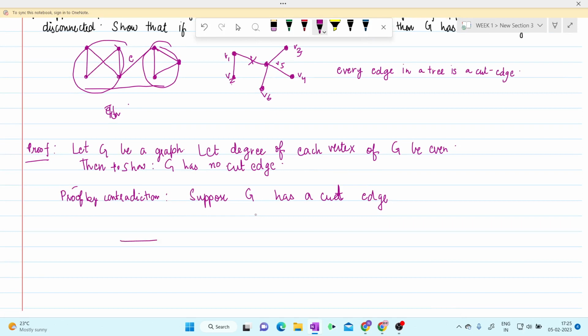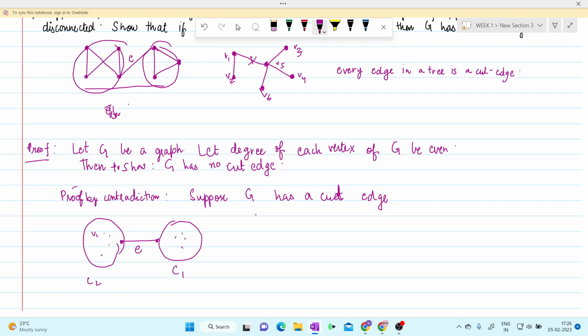So we have this edge E, and we have a component C1 here and another component here, and we have some vertices here. So E is a cut edge in this graph, because if we remove E, we'll have two components, C1 and C2.